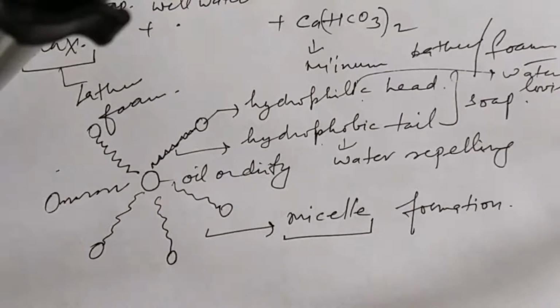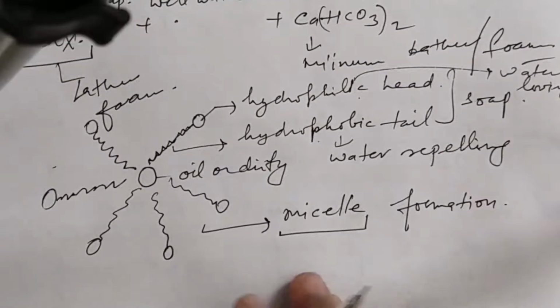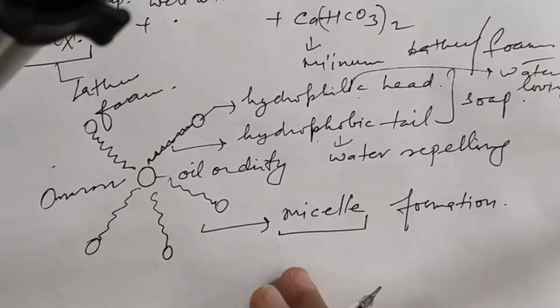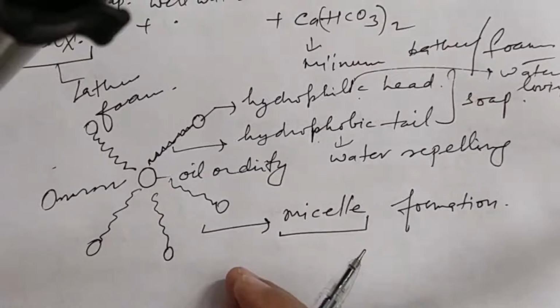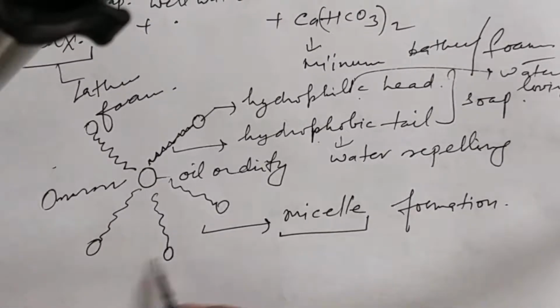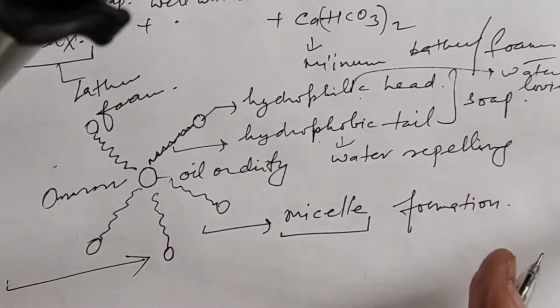So this is the typical soap action when you are cleansing the fabric with soap and applying it on the dirt or grease. Finally, when micelles are formed and you apply water, they will be washed away with the water molecules.